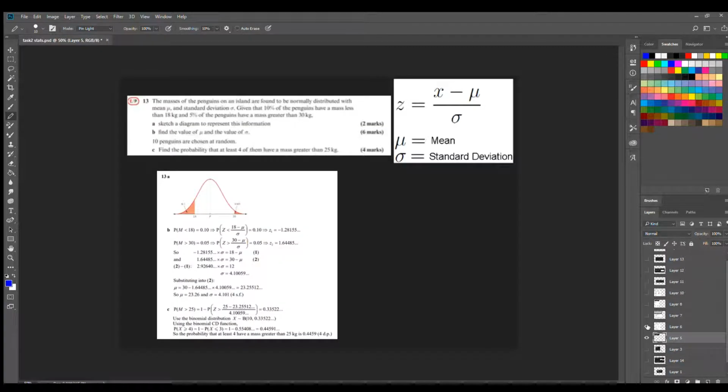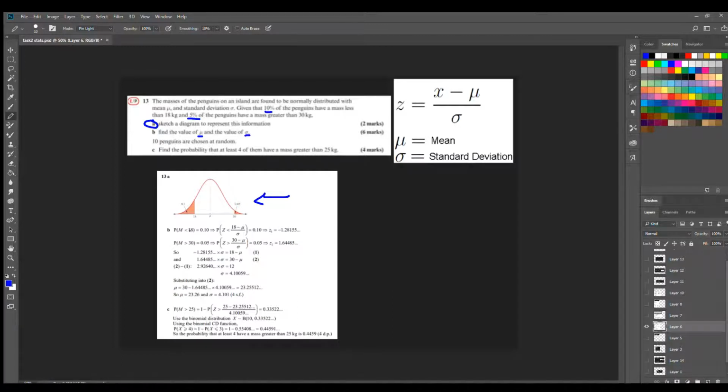So exam style questions. An exam style question would be this one, which is taken from the exercise book. You're asked to sketch a graph, which is basically just the bell curve here, and you shade in the probability regions given here, 5%, 10%. For question B, you have to find the mean and standard deviation.